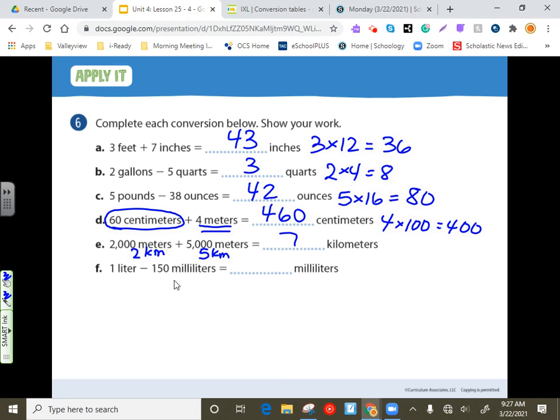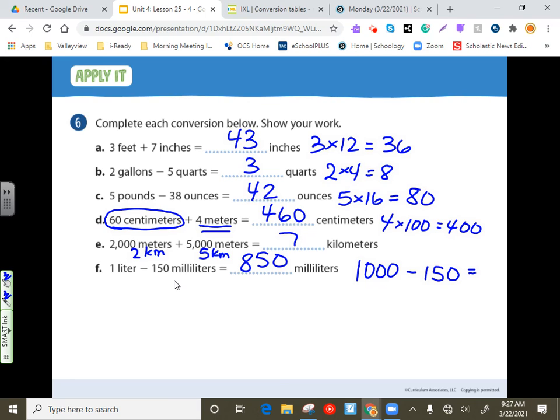And let me see what else I've got here. And 1 liter minus 150 milliliters. I know 1 liter is 1,000 milliliters. So if I have 1,000 minus 150, that's going to be 850, just like that. And that's going to be it.